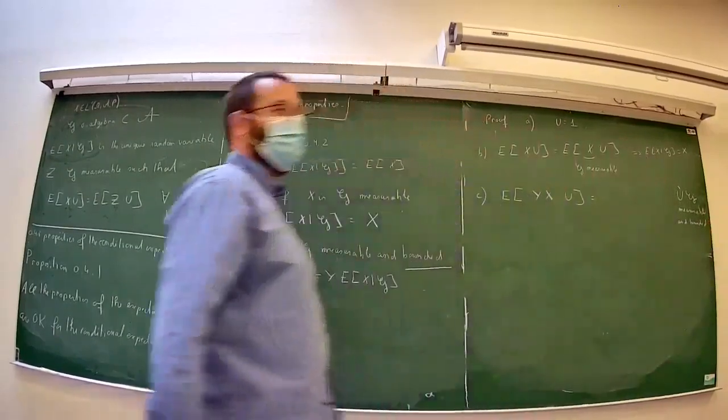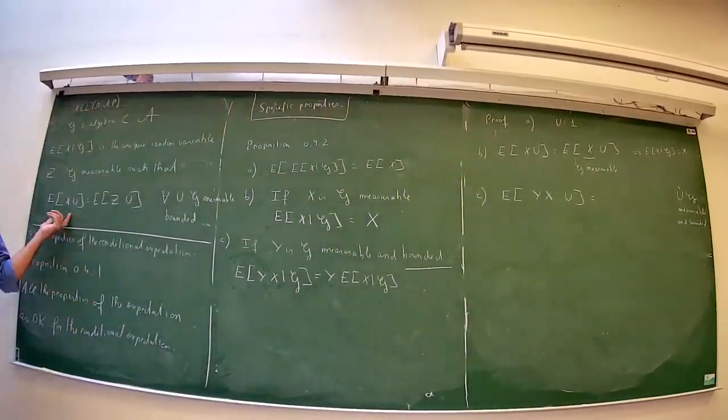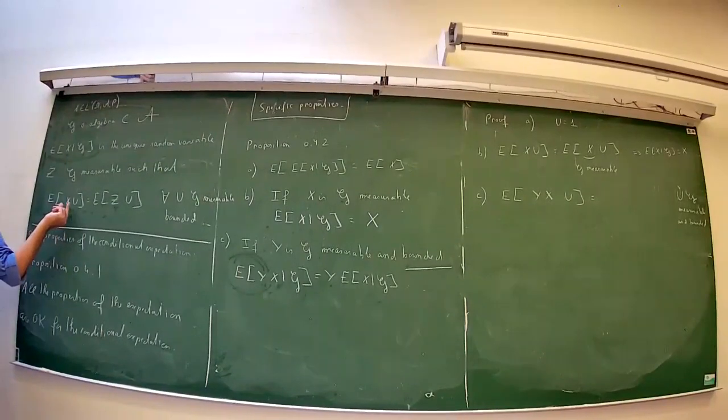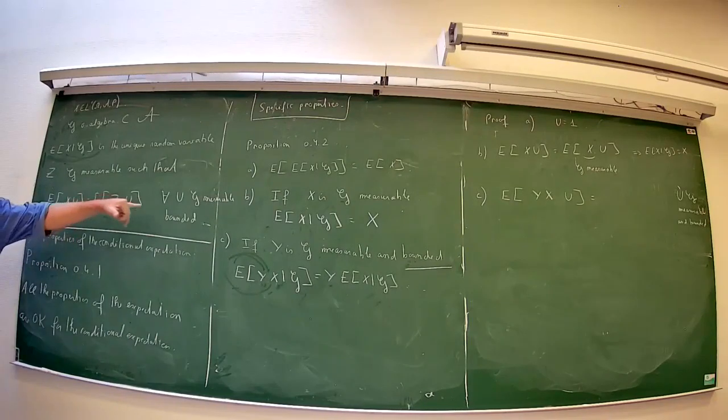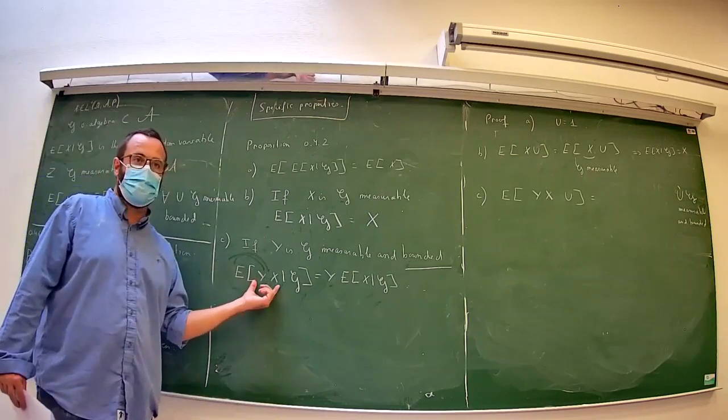Okay? Because of the definition. If I am interested in the conditional expectation of a random variable, I have to take the expectation of this random variable multiplied by u, that is J measurable and bounded. Here, my random variable of interest is the product yx.